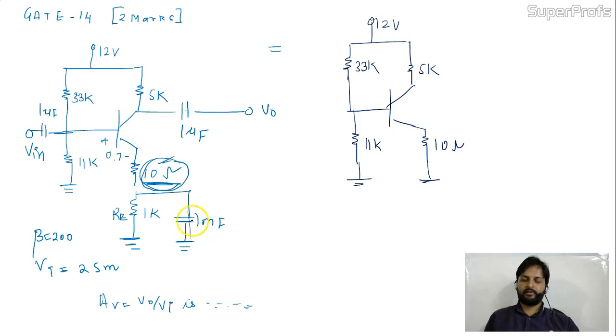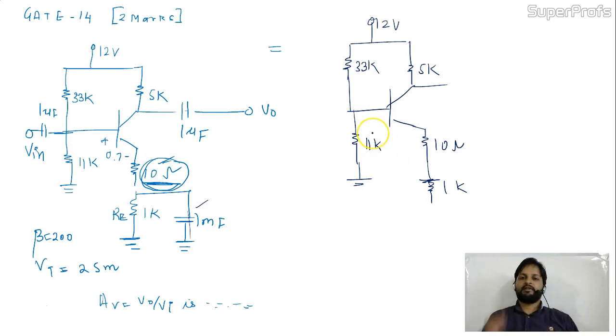It will also be reflected over here because we are making the capacitor an open circuit. RE will be there in the circuit. It is 1k. Everything is fine. The capacitor is removed. This is the circuit.